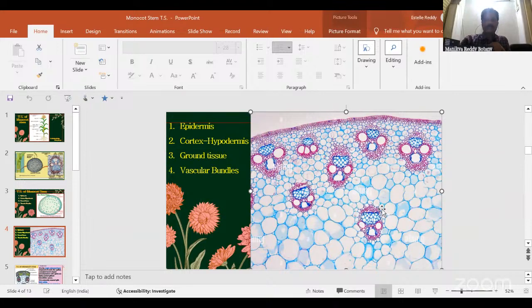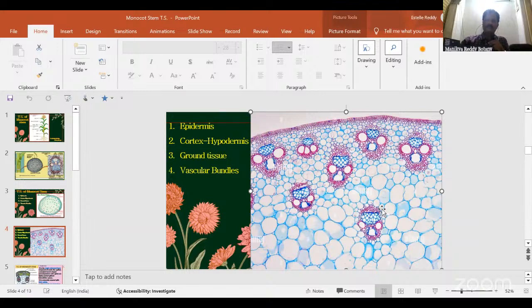Eustele is a stele where a limited number of vascular bundles are arranged in a circle, as in dicot stem. Whereas in monocot stem, the number of vascular bundles is numerous. They are scattered irregularly.